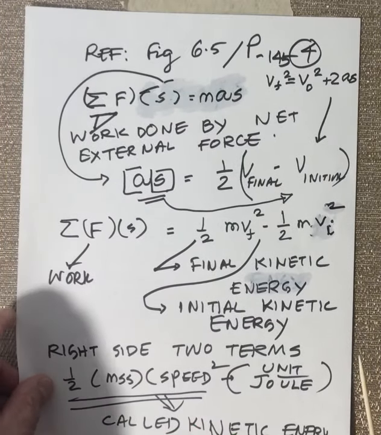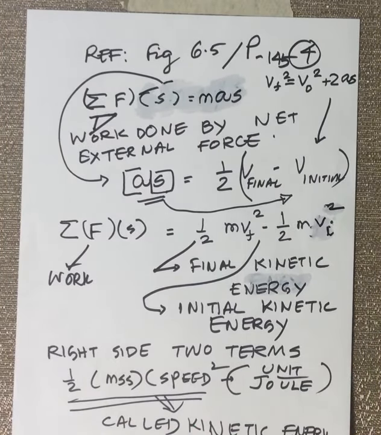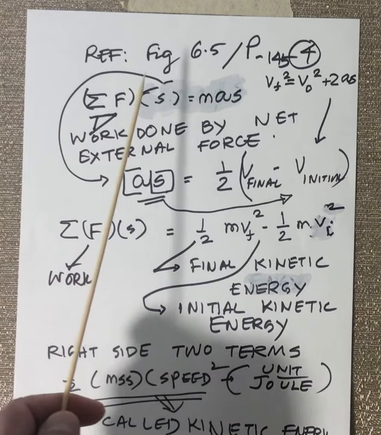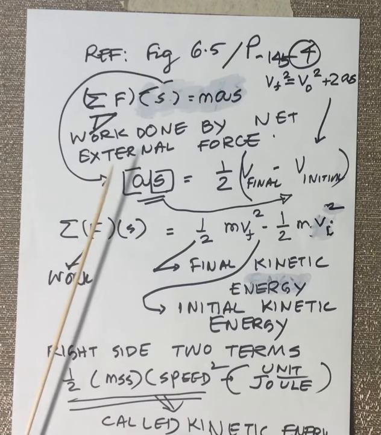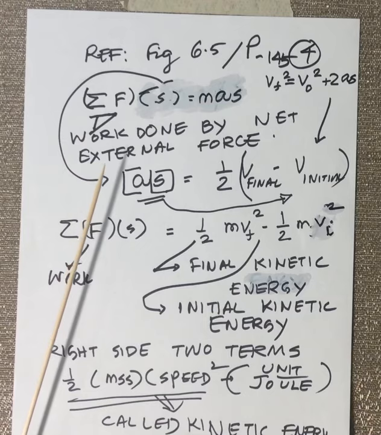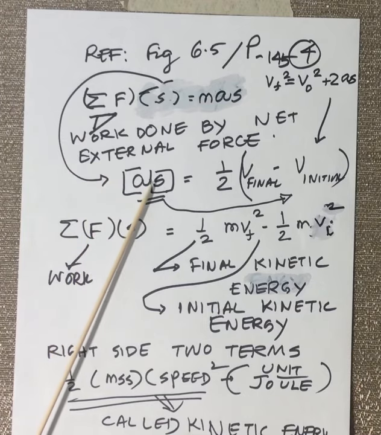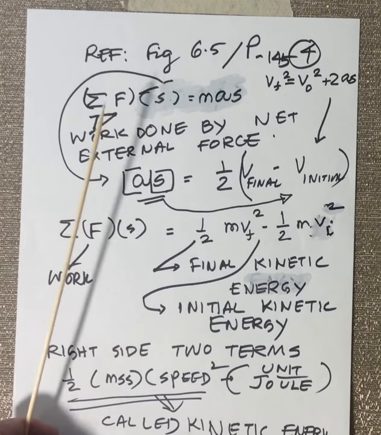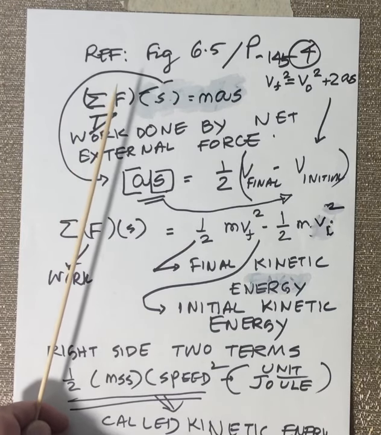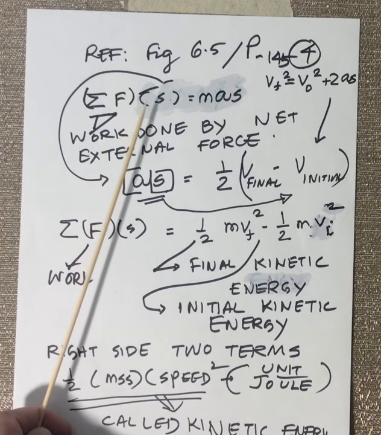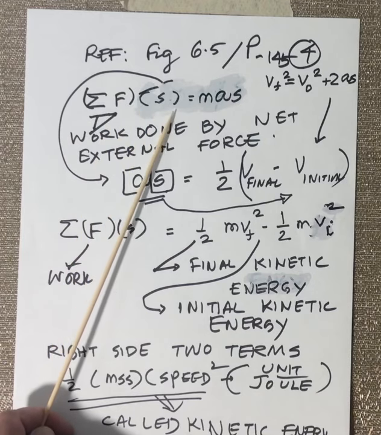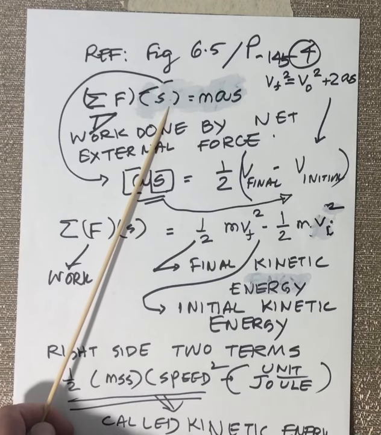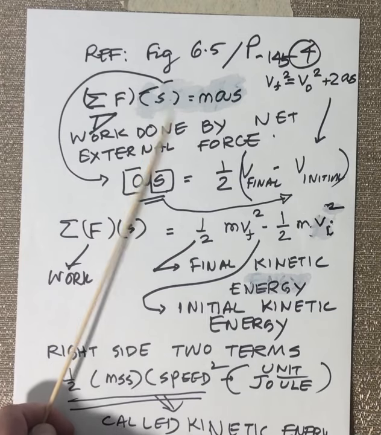In this page, figure 6.5, we will be deriving a relationship for how the initial and final kinetic energy is derived. So in the first place, the sum of all the external forces times S, which is Fs, as we define the work.